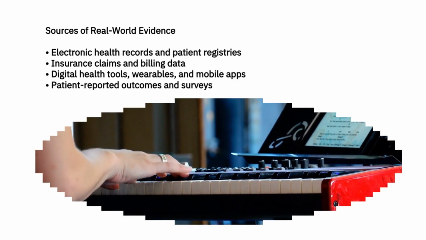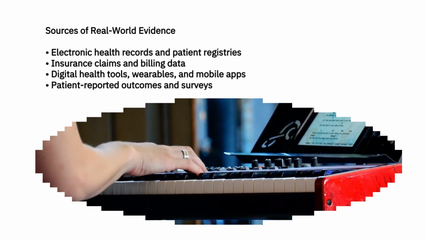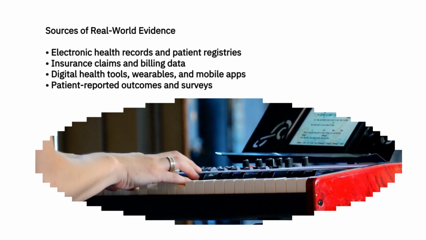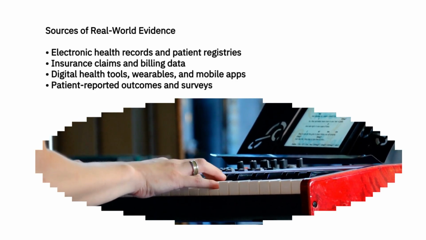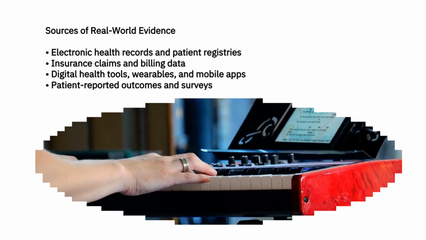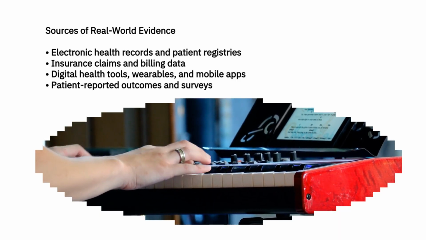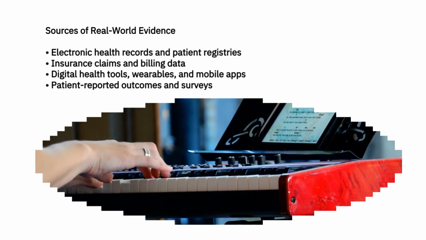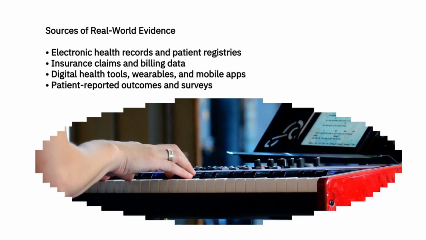To truly understand real-world evidence, we need to look at its sources. Unlike randomized trials, where every piece of data is collected in a controlled setting, RWE is generated from the day-to-day interactions patients have with the healthcare system and even their own devices.